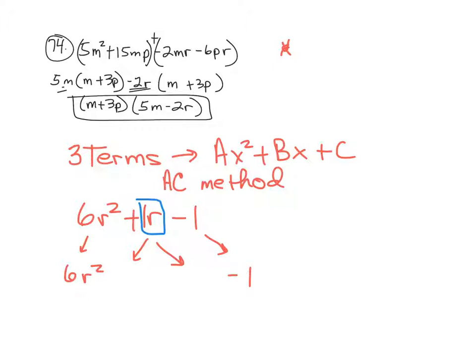What I'm going to do is take A times C. On this problem, do you see that the A is what's on the squared term, and the C is the constant? So in this problem, A and C are 6 and -1. So I'm going to take 6 times -1, which is -6.